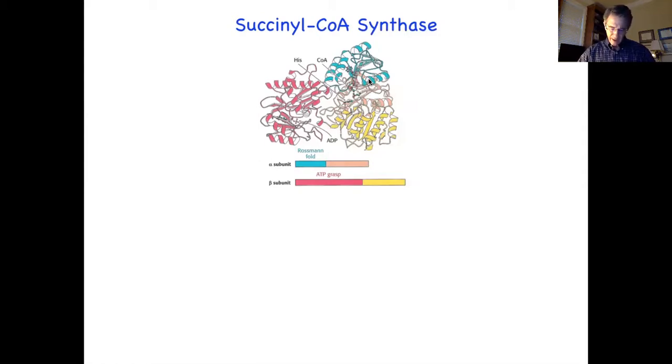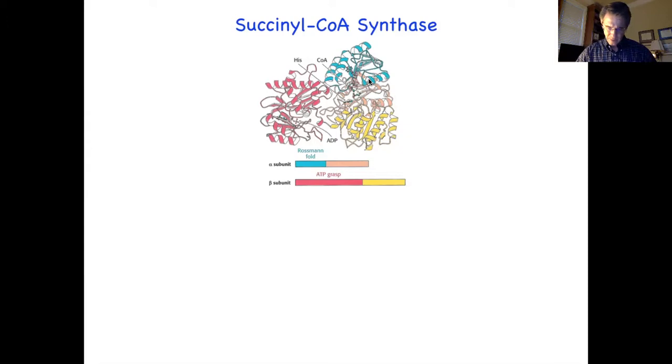Over here in the beta subunit, this sort of red part of the beta subunit, is the so-called ATP grasp. An ATP grasp protein. It's a particular type of ATP binding motif, right? It's distinct from many of the others, but it's one type of structural motif that binds ATP pretty well.